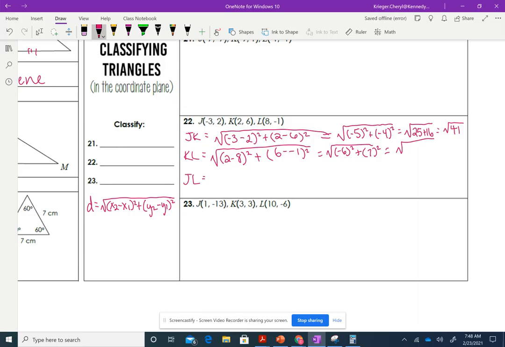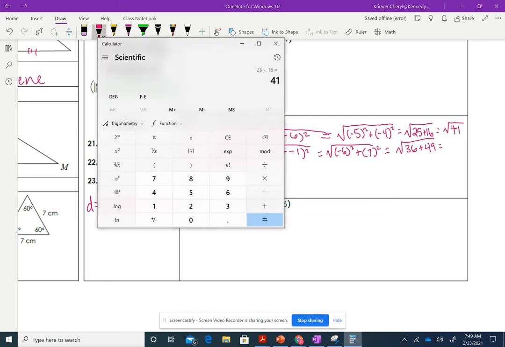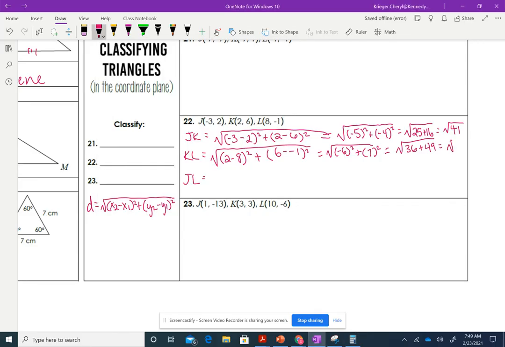And -6 squared is positive 36. 7 squared is 49. Well, it's already looking different. So let's see. 36 plus 49 is 85. Square root of 85. All right, so it's either going to be isosceles or scaling.